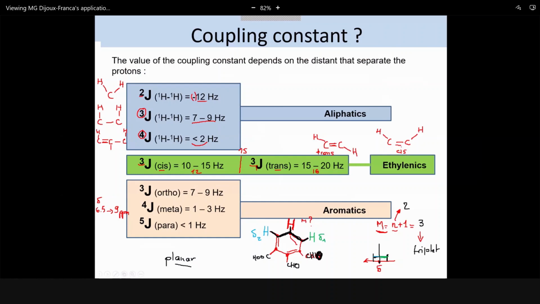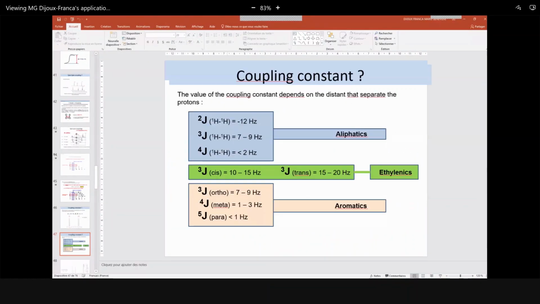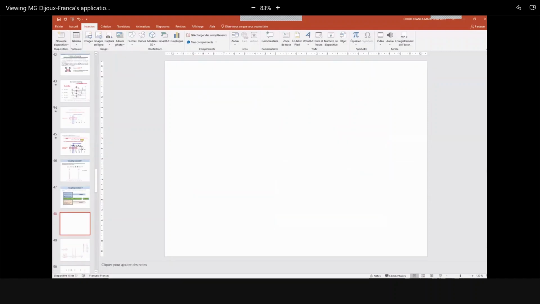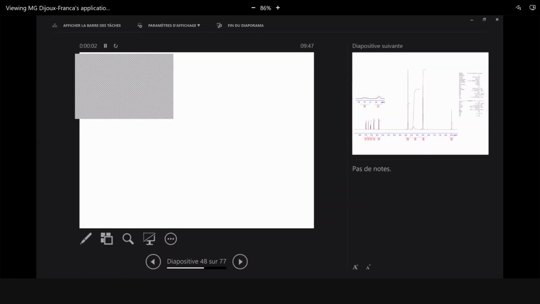Let me add just a white page, and we'll try to do something together. Do you see the page? The white page? Yes.